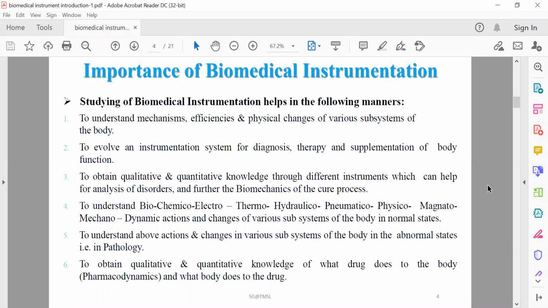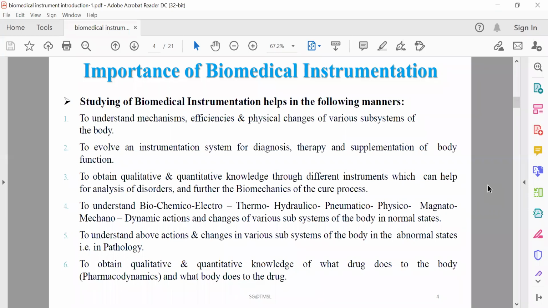The fourth one is to understand the biochemical, electro, thermo, hydraulic, pneumatic, physical, magnetic, or mechanical dynamic actions and changes of various subsystems of the body in normal states. Because our body is basically a combination of different biological, chemical, electrochemical, mechanical, hydraulic, and pneumatic mechanisms.